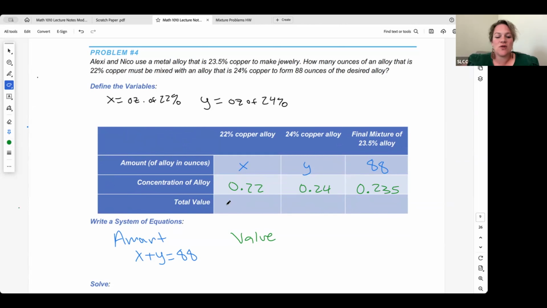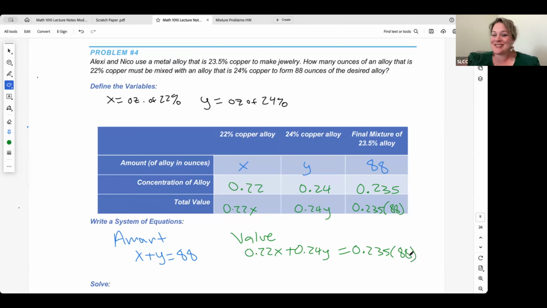And then you can just say 0.22x, 0.24y, and the total is 0.235 times those 88 ounces. So you write your value equation, 0.22x plus 0.24, or 24 hundredths, y, equals 0.235 times 88.